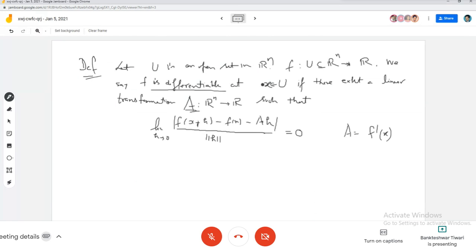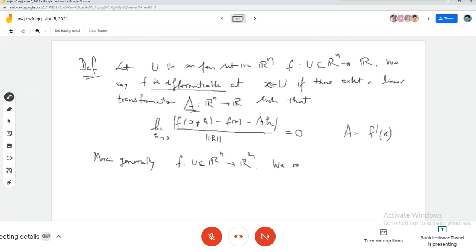More generally, suppose your function f is actually a map from an open subset of Rn to Rm.